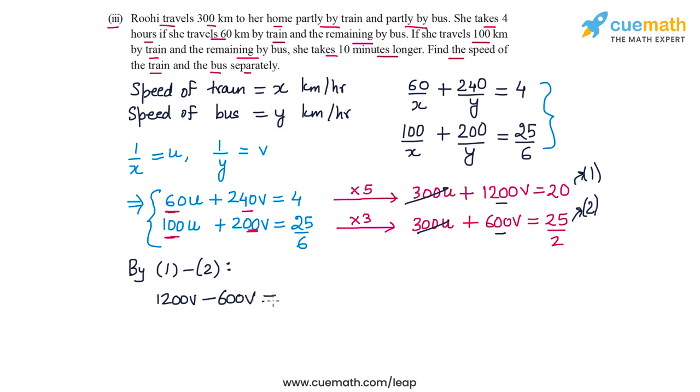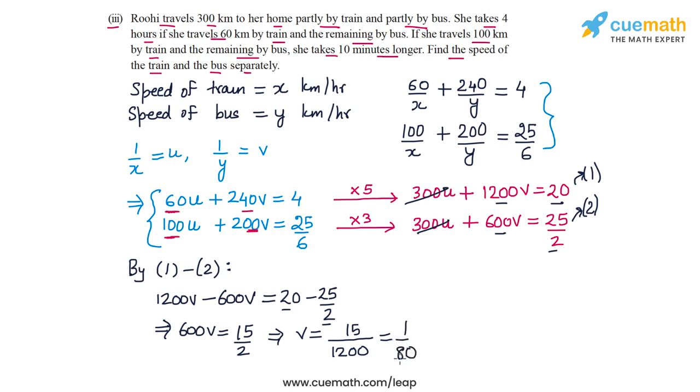On the RHS I will get 20 minus 25 by 2. So this gives me 600v is equal to 20 minus 25 by 2, that's 15 by 2, and from here I get v is equal to 15 by 2 divided by 600. If you simplify that, you get 15 by 1200, which is 1 by 80.